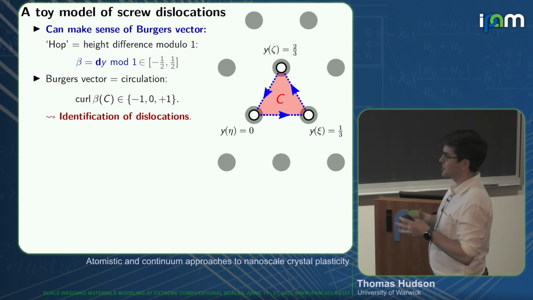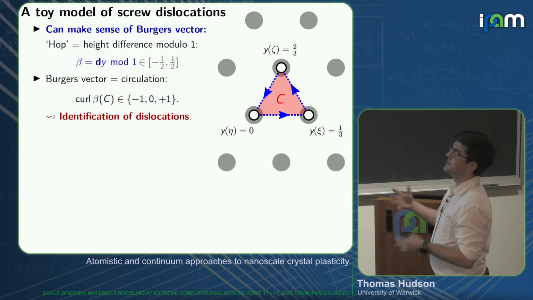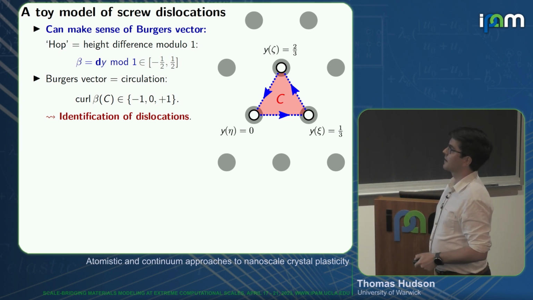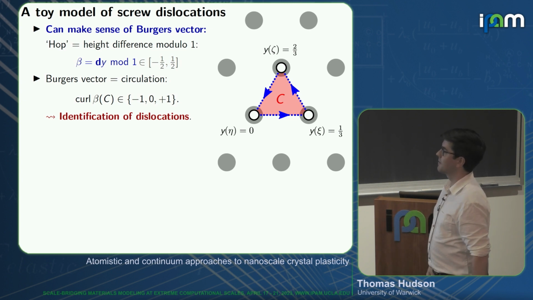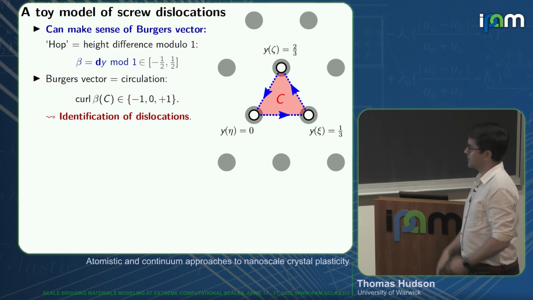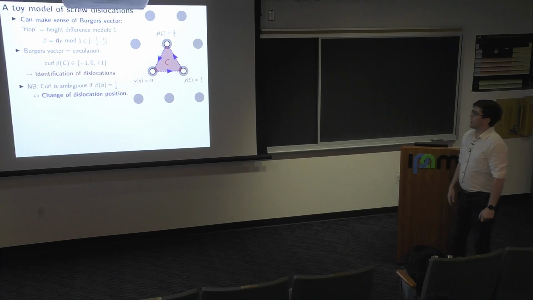DXA just does this. If you give it a point cloud in general, it constructs these references and tries to work out whether there is in fact a curl around one of these cells in the Delaunay tessellation that was talked about yesterday. So this is just a 2D version of this in some sense.